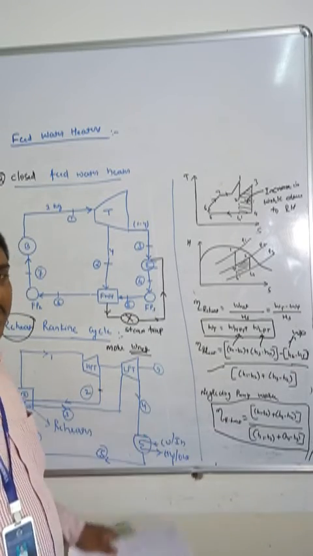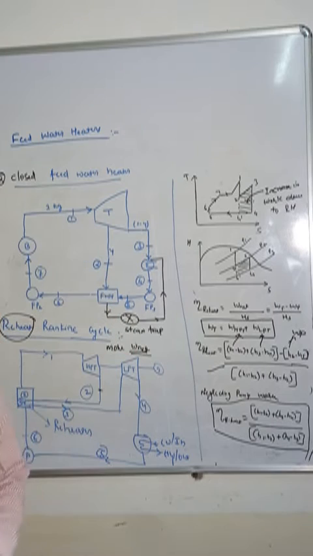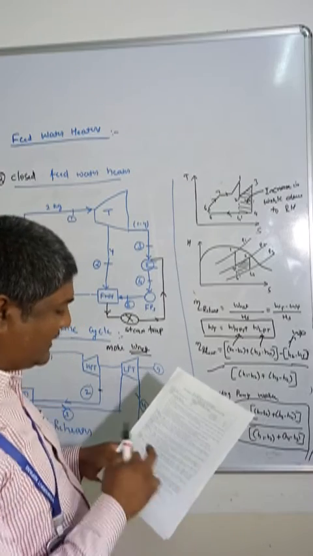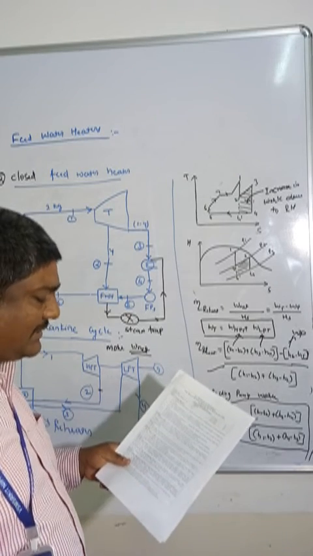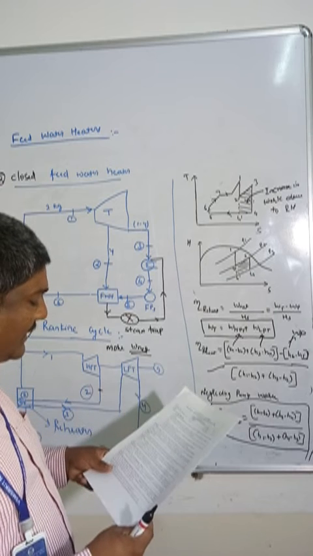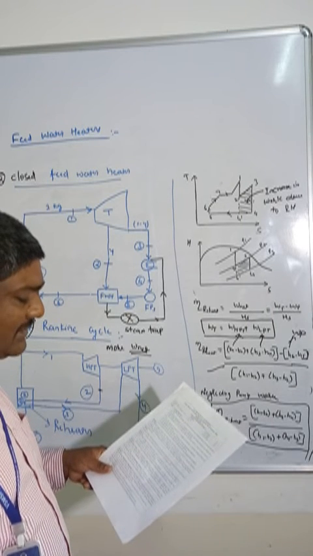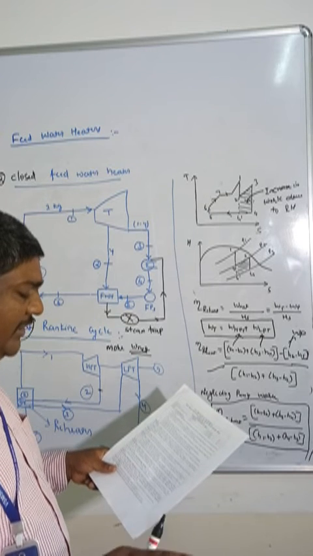So this completes the theory part of module 3. Let me take the syllabus copy. What is given in the syllabus? Carnot vapour power cycle explained, drawbacks also completed in video 1. Simple Rankine cycle, description, TS diagram analysis, comparison of Carnot and Rankine cycle are also covered in video 1.